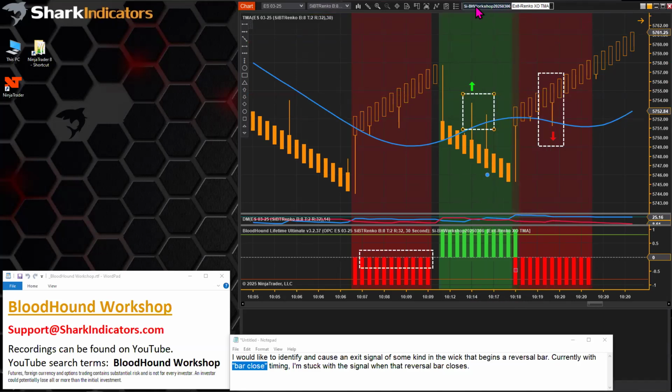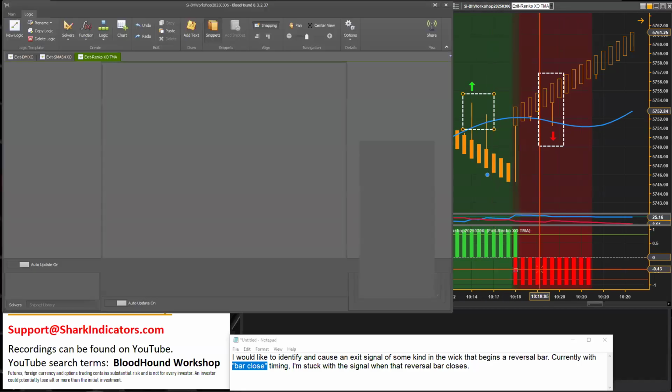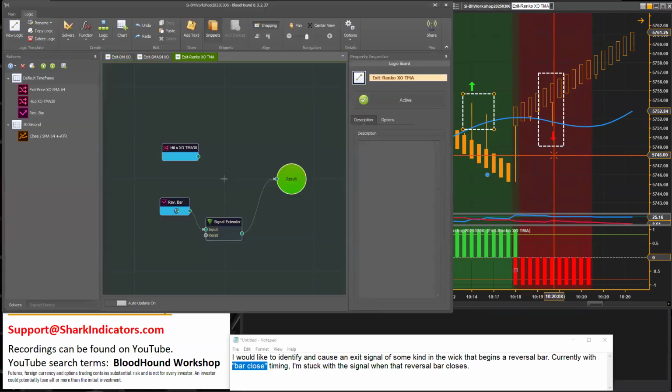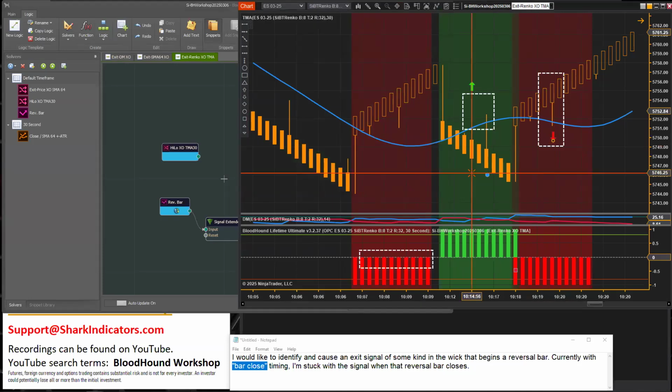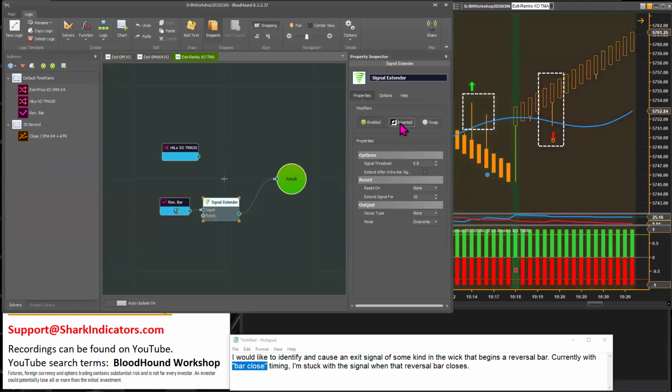And now that we have an output in the direction of the signals we want to block, we then take our signal extender and invert it.